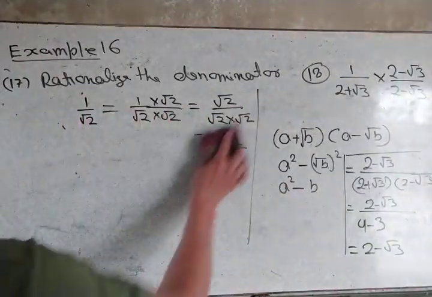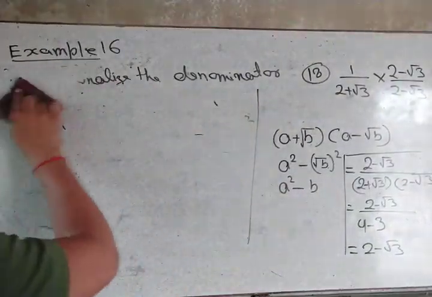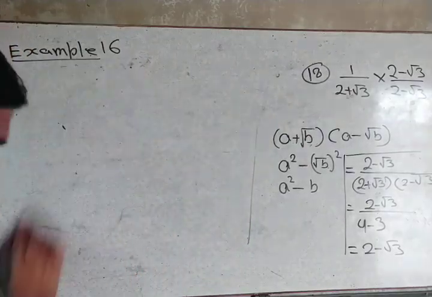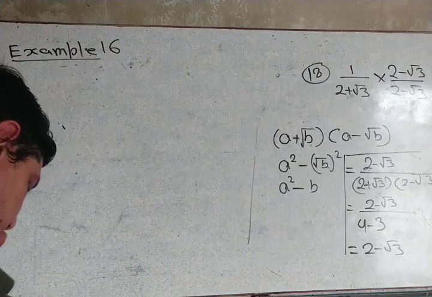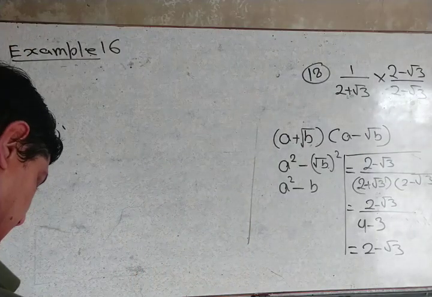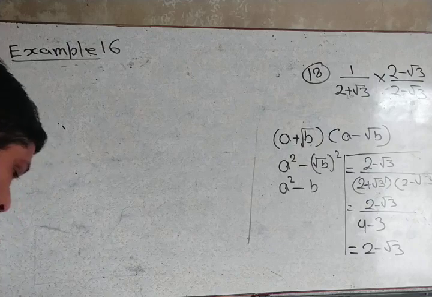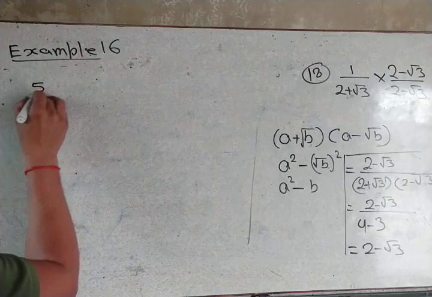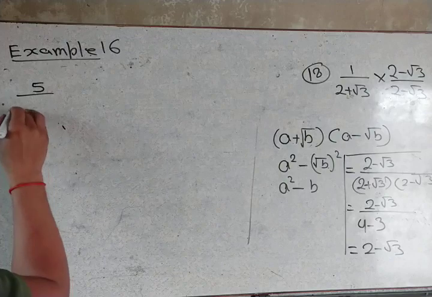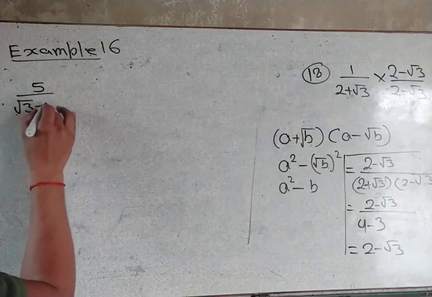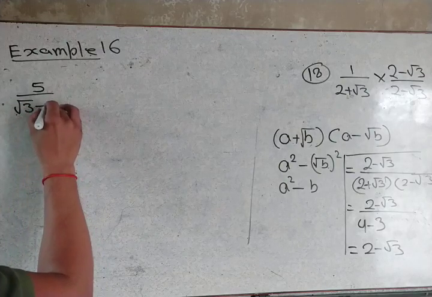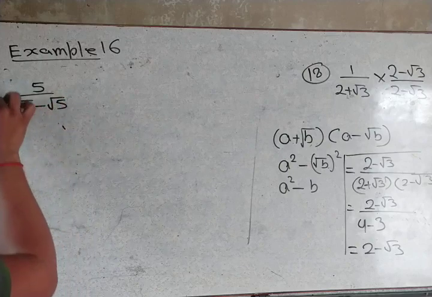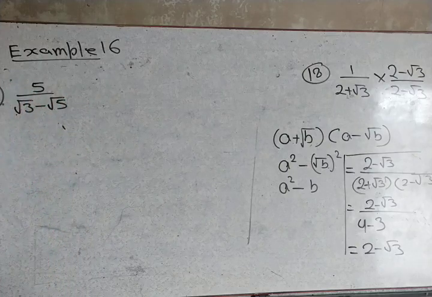And the next question of rationalizing the denominator is this. This is again an example from your NCERT, example 19. This we get as a question. Then again, what will we have to multiply?